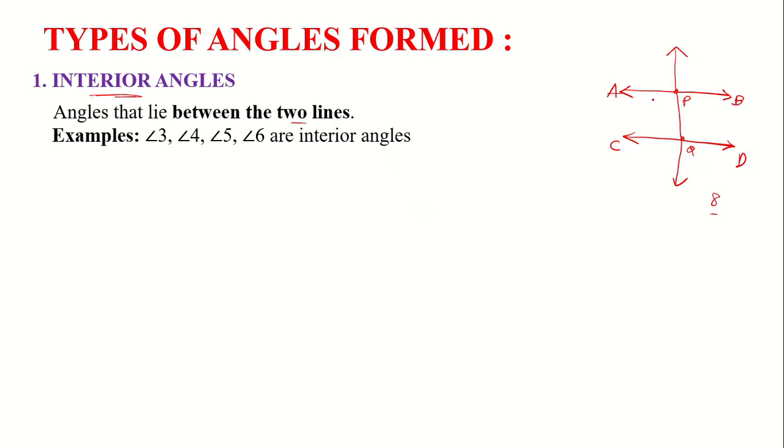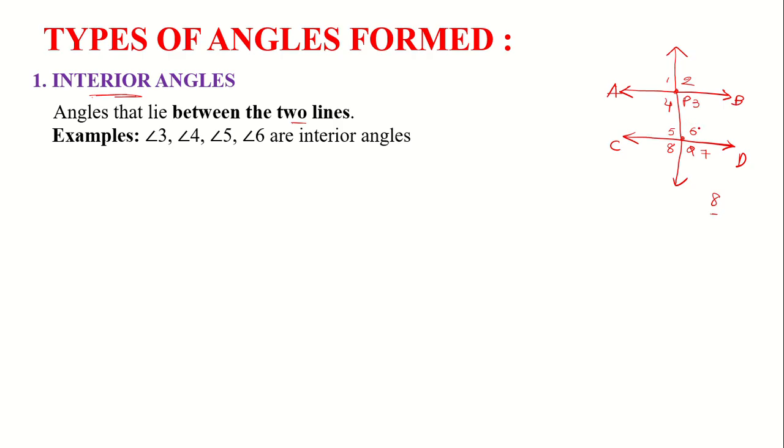What are the two lines here? One line is AB and the other line is CD. And the angles we have are angle 1, angle 2, this is your angle 3, this is your angle 4, this is your angle 5, this is your angle 6, this is your angle 7 and this is your angle 8. So interior angles are angles that lie between the two lines, or you can say the angles which lie inside the two lines.